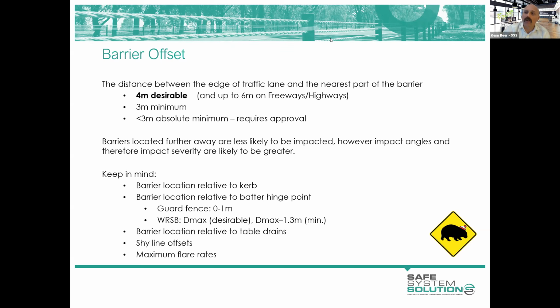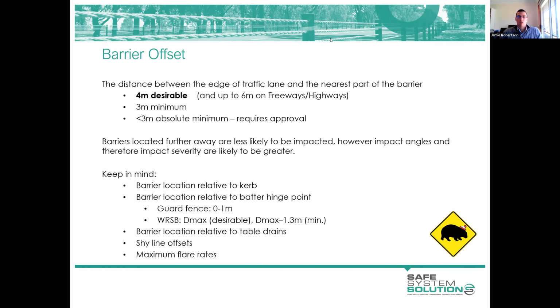is speed a factor with barrier offset? E.g., 70 km per hour or less, no barrier offset required. Is speed a factor in that? Logically, yes. In terms of the available guidance, I don't think speed comes into things, but obviously the faster you're going, the more likely you are to depart the road, for one, and the greater the risk if someone does have to stop within a traffic lane.